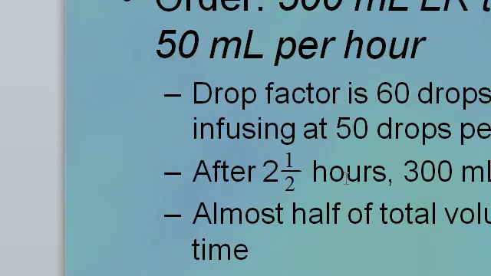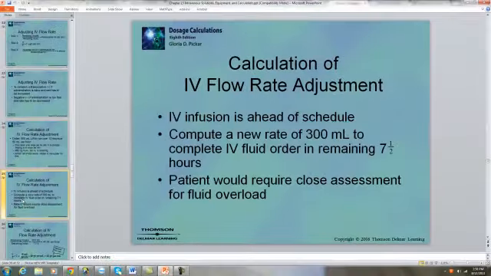After 2.5 hours, 300 milliliters is remaining, so almost half of the total volume infused in 1/4 of the time. So the IV infusion is ahead of schedule. So you compute a new rate of 300 milliliters to complete the IV fluid order in the remaining 7.5 hours. So the patient would require close assessment for fluid overload.